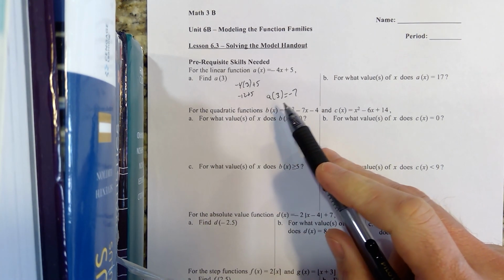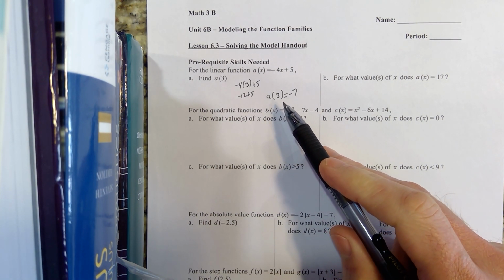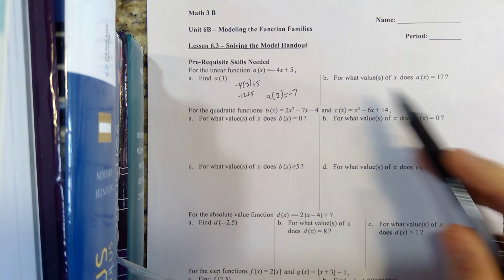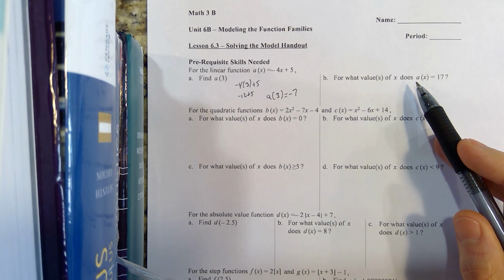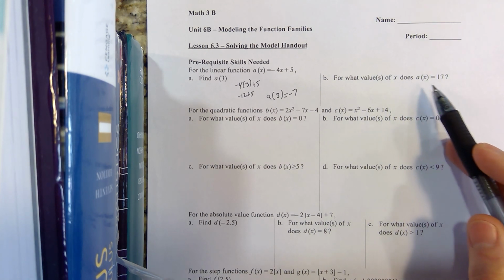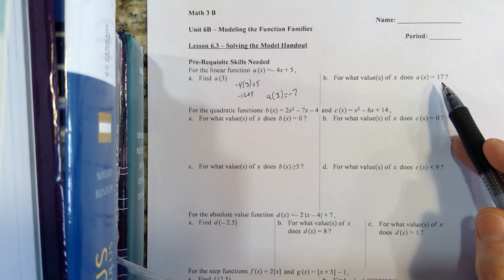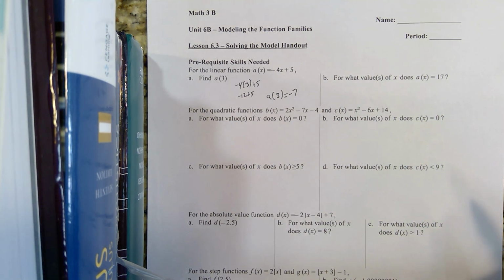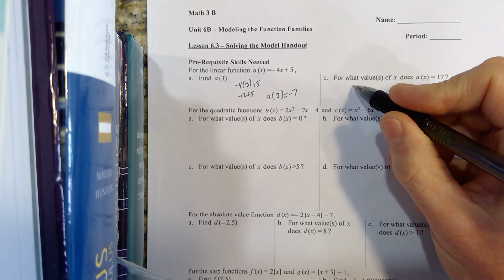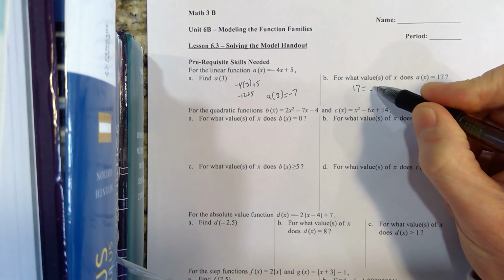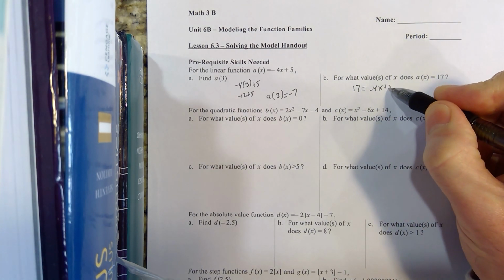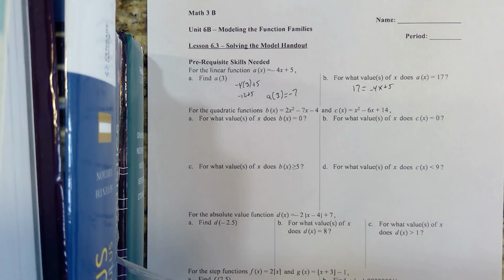So you could also, again, think of that as an ordered pair or a point on the graph of that line. Okay, letter B. This time, they're asking what input will give me an output of, in this case, 17. So here, I'm going to say output is 17. And I'm going to solve for the unknown input.